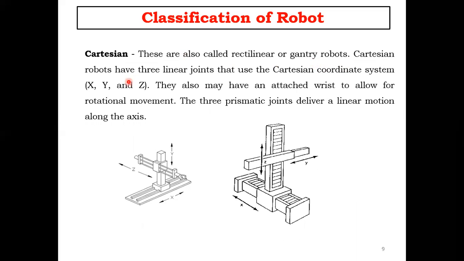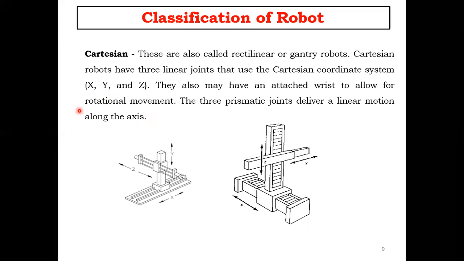Cartesian robots have three linear joints that use the Cartesian coordinate system XYZ. They may also have an attached wrist to allow rotational movement. The three prismatic joints deliver linear motion along the axes. Last time we discussed articulated, in which they use three R's.